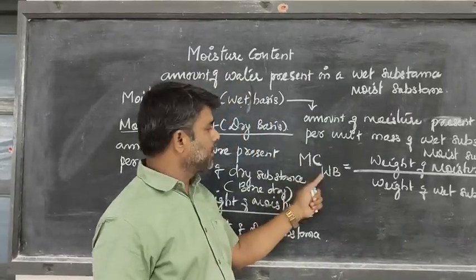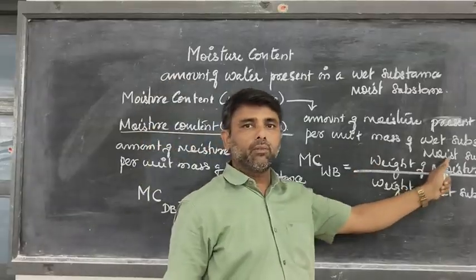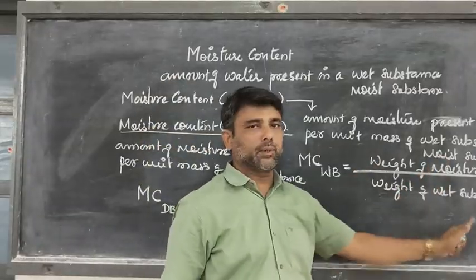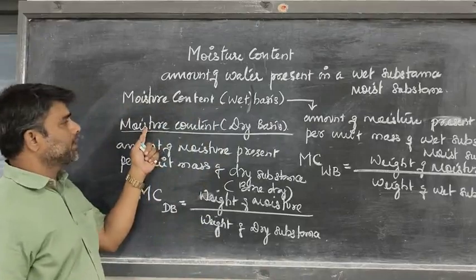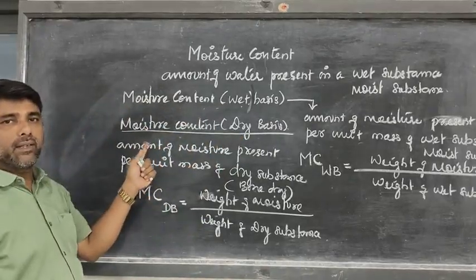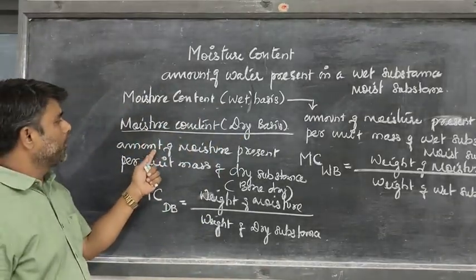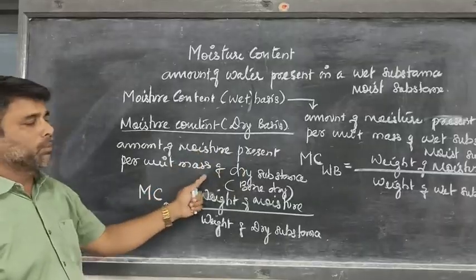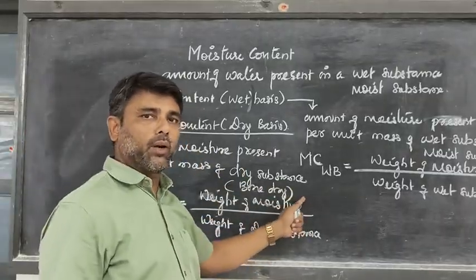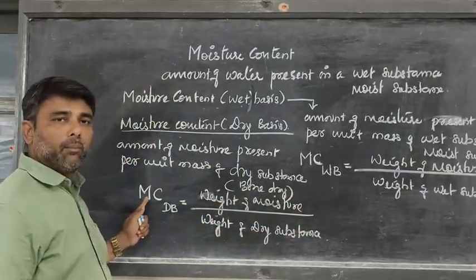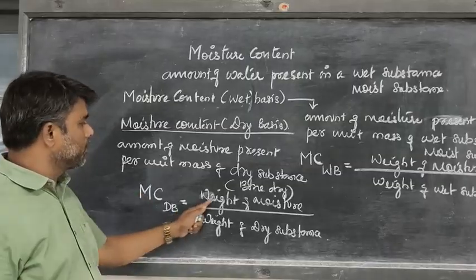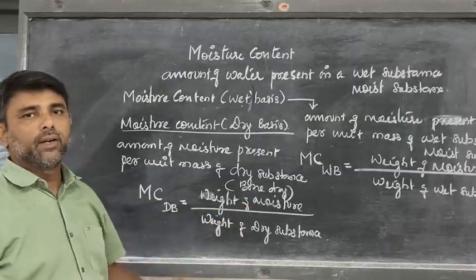Mathematically, moisture content on wet basis is equal to weight of moisture divided by weight of wet substance. Similarly, moisture content on dry basis is nothing but amount of moisture present per unit mass of dry substance or bone dry substance. Mathematically, moisture content on dry basis is equal to weight of moisture divided by weight of dry substance.